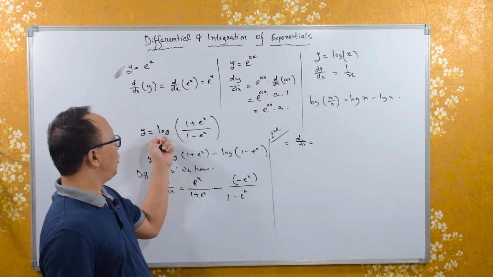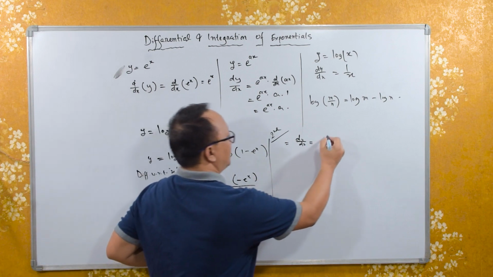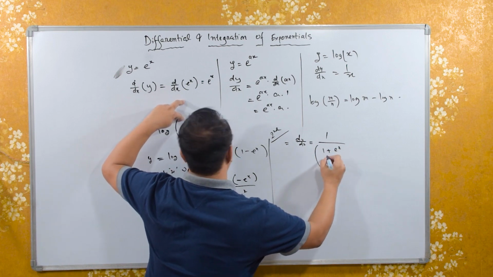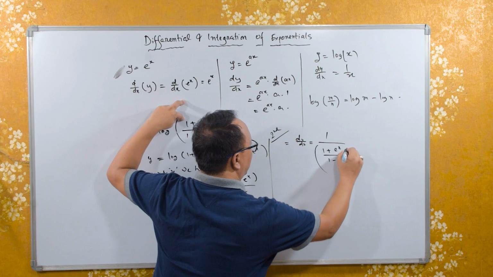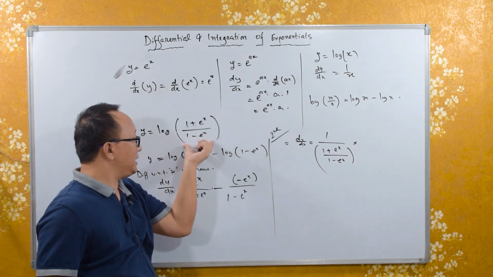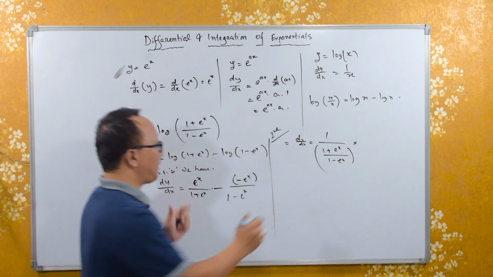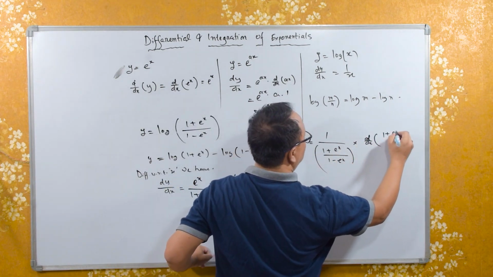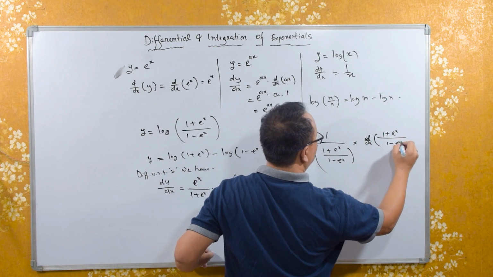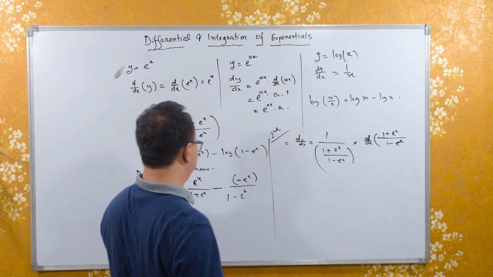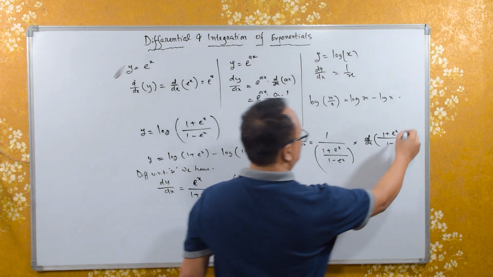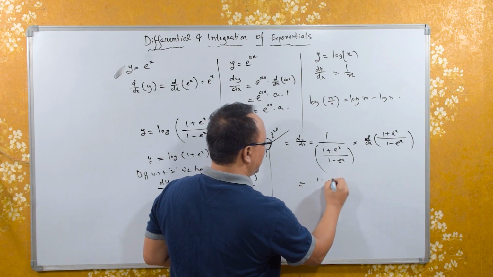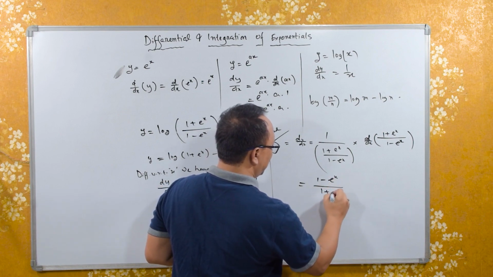Since the derivative of log of u is 1 upon whatever the term is, we have 1 plus e raised to x upon 1 minus e raised to x, into, this we have to differentiate with respect to x. Into d by dx of 1 plus e raised to x upon 1 minus e raised to x. Here this will go up, 1 minus e raised to x upon 1 plus e raised to x.